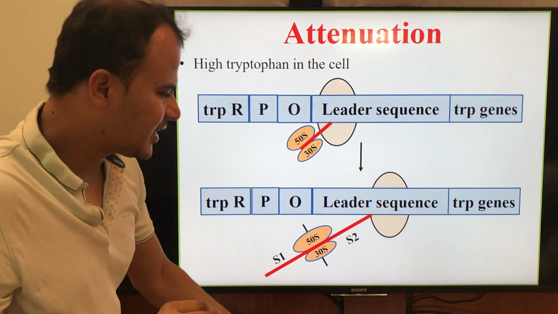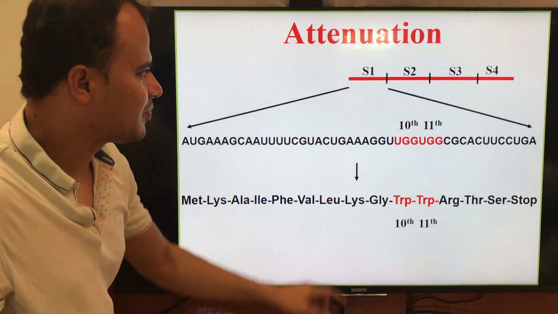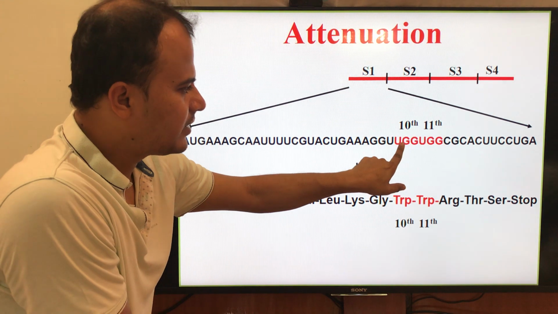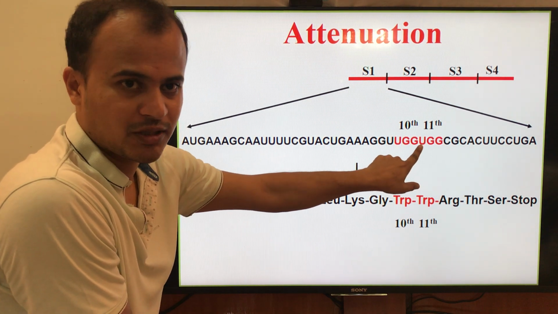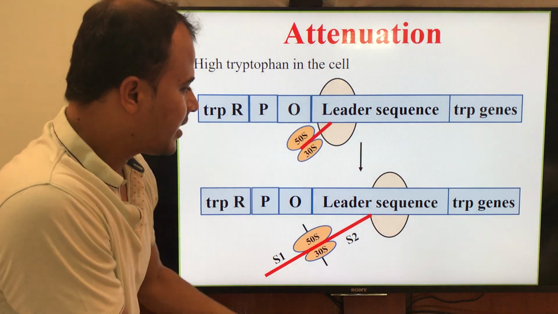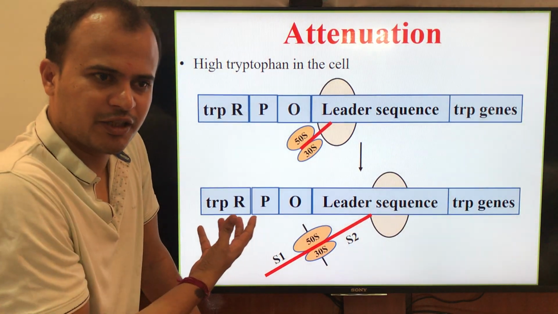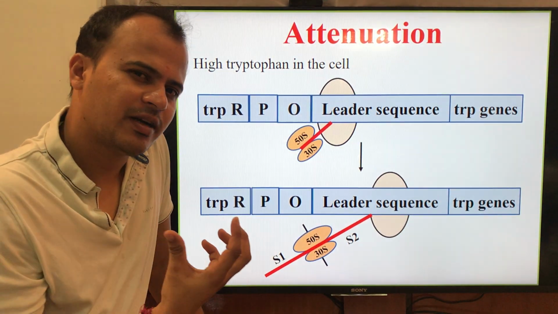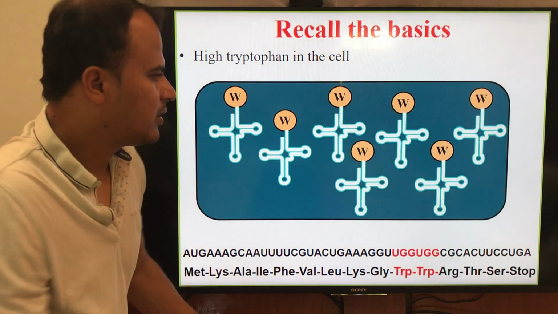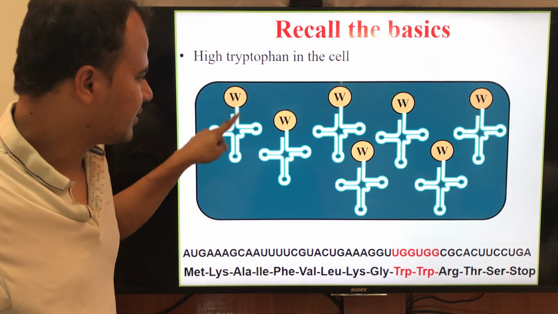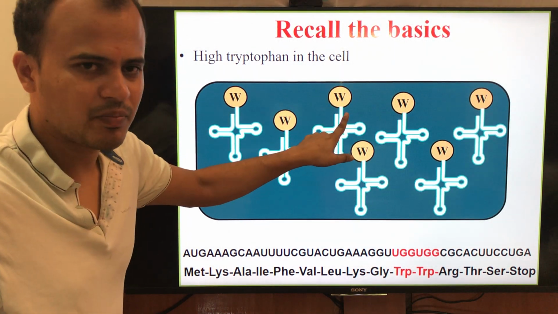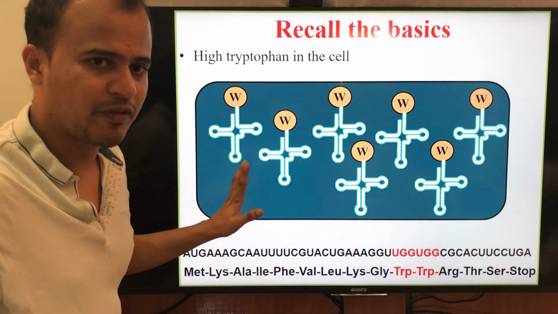Therefore, as I explained in the previous picture, there are 2 codons at the 10th and 11th position which code for tryptophan, and we are discussing the high tryptophan condition. In the high tryptophan condition, please recall your basics, all the tRNAs are in the charged form. They are charged with tryptophan.